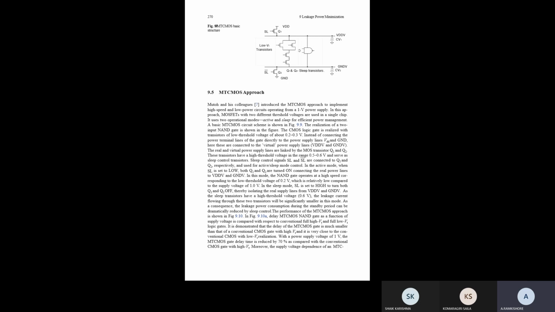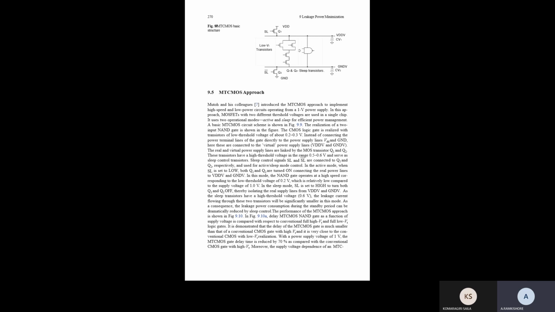The virtual power lines are denoted as VDDV and virtual ground.